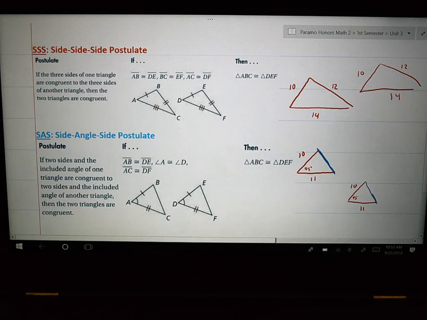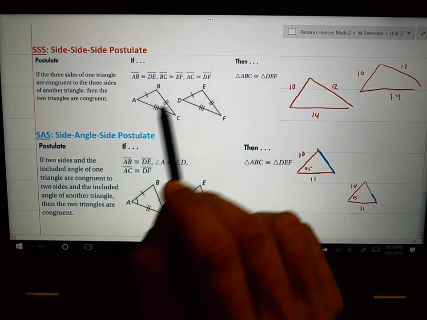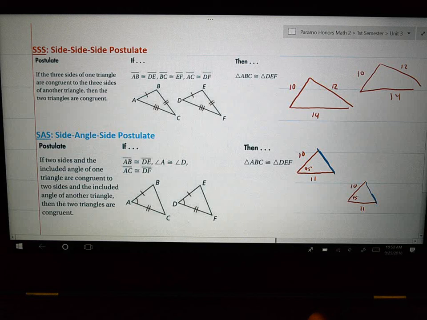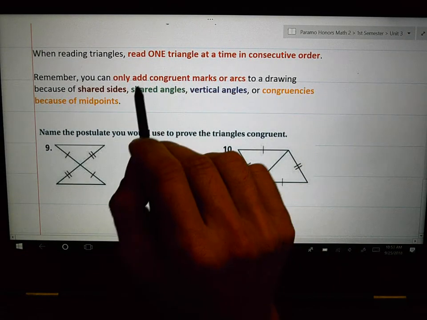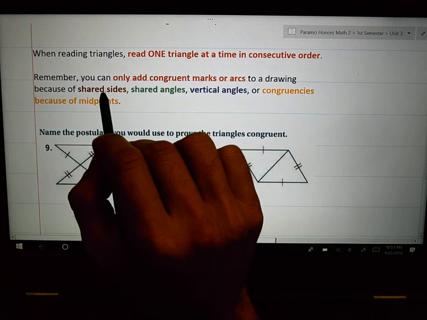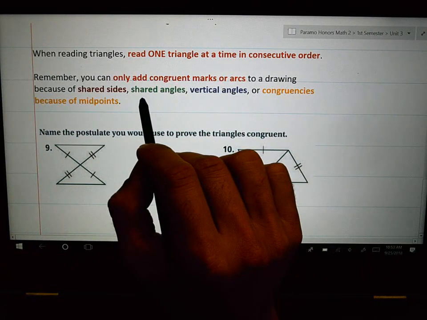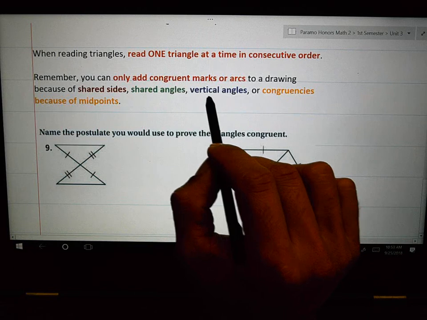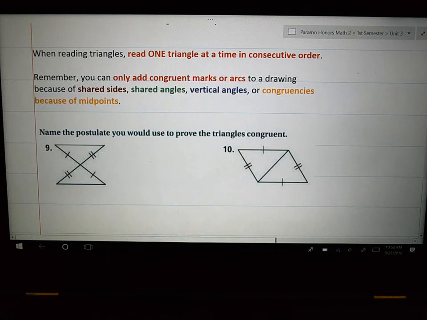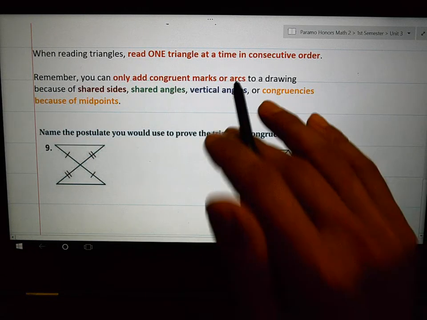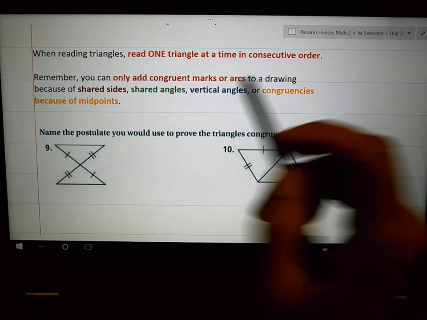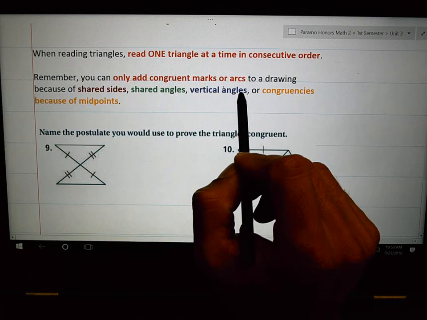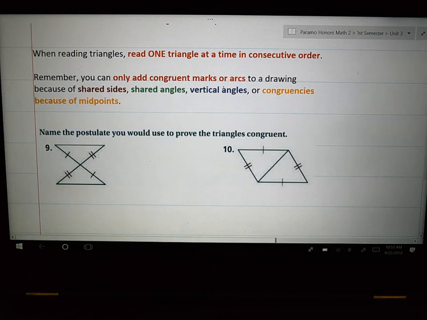And in mathematics, do not assume anything is congruent unless it has congruent marks, a shared side, a shared angle, vertical angles, or congruencies because of midpoints. These are the only things where you can add congruent marks or congruent arcs to your drawing. Otherwise, do not assume that they are congruent to each other.